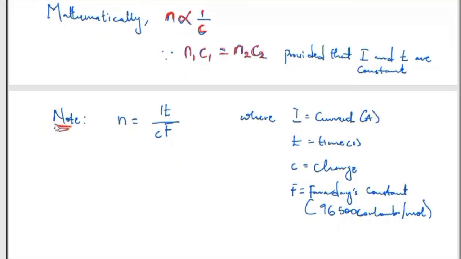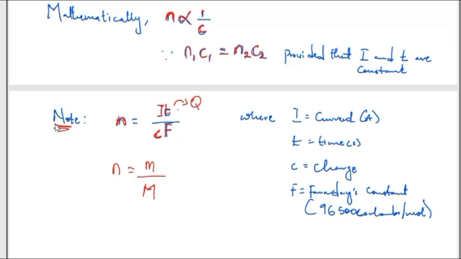Okay, so that leads us to the next part. We want to also know that amount in mole, just the way amount in mole means mass over molar mass, amount in mole in electrolysis can also be your quantity of electricity, which is Q. Now IT is equal to Q, so this is also Q. So your quantity of electricity all over your charge times what we call the Faraday's constant.